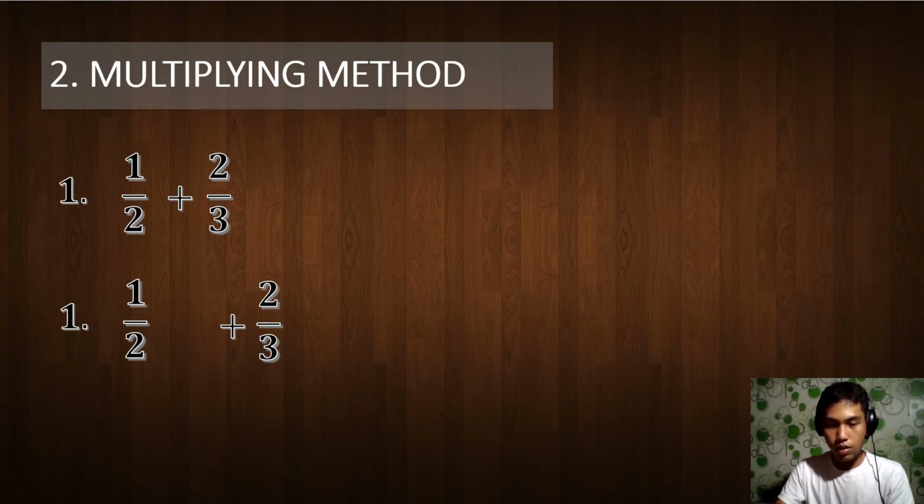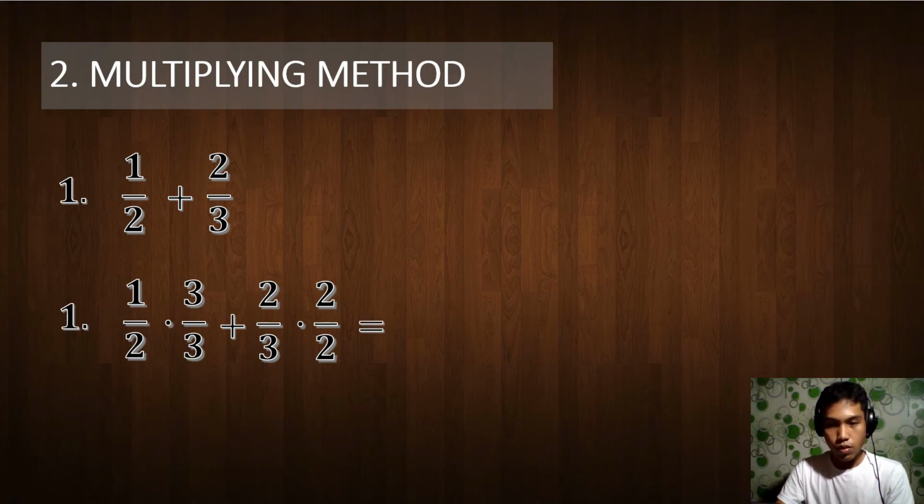In this case, we can think of 6, right? Each fraction should be multiplied by a fraction that will result in the likeness of their denominator. For the first term, we can multiply it by 3 over 3, and for the second term, we can multiply it by 2 over 2.